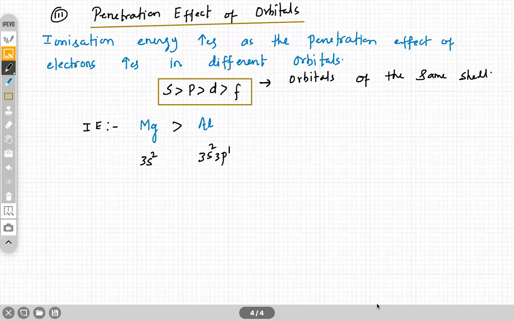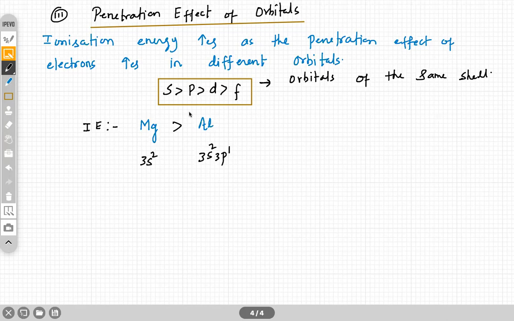No, this is not an exception. This is the rule, the penetration effect of the s subshell and p subshell: s has more penetration. Whenever you have a question, it's not like all the factors are applying here, so they won't ask you a question like this.